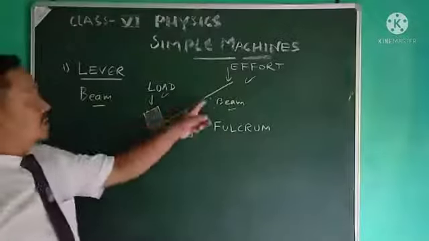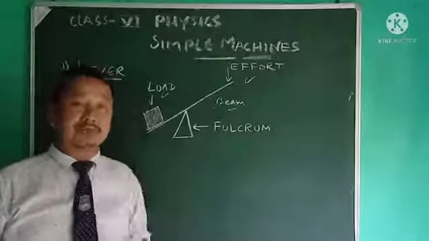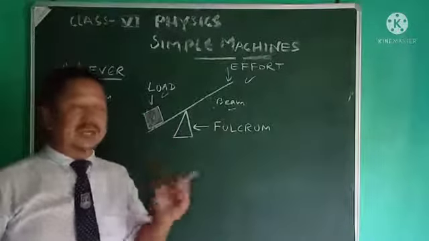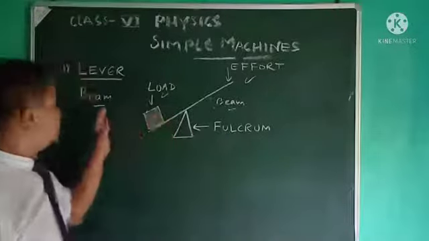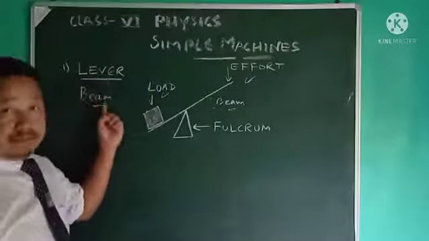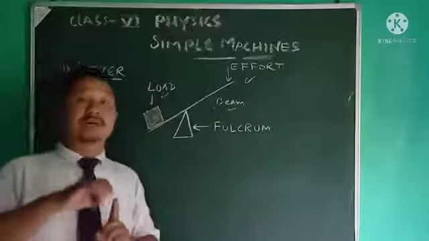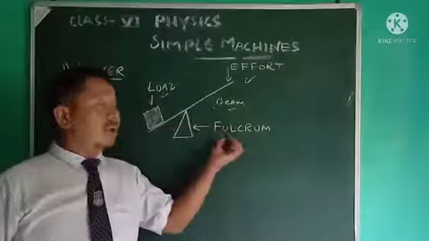As you see here in the diagram, the beam is a rigid bar which rests or rotates on something, and that something is your fulcrum. So the first part you need to know about a lever is the beam, a rigid bar which rotates or rests on a fixed point called the fulcrum or pivot.